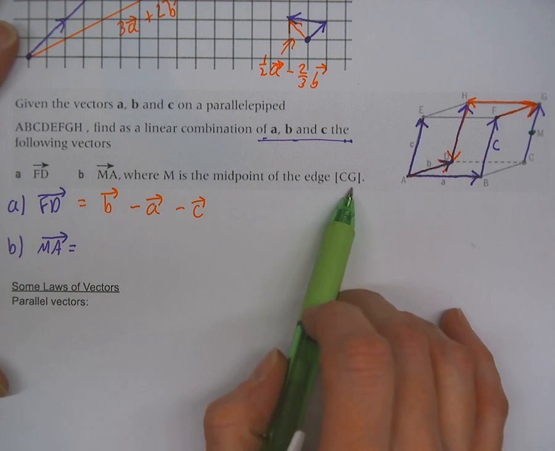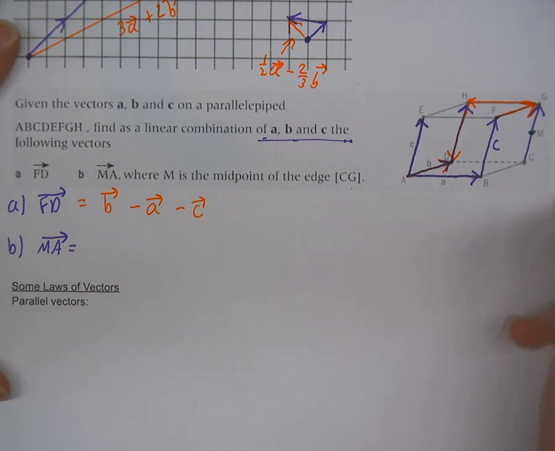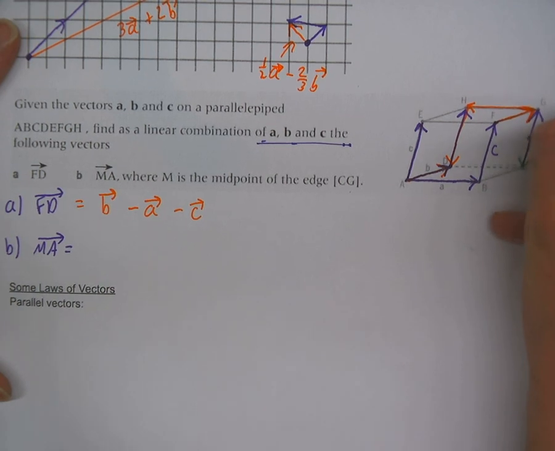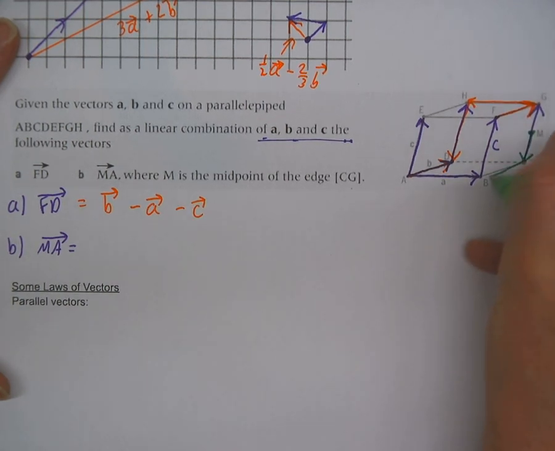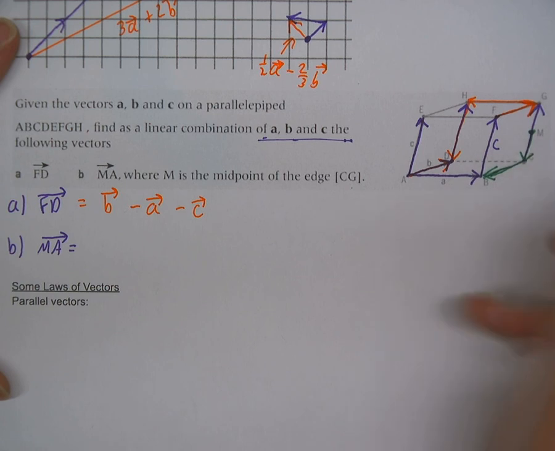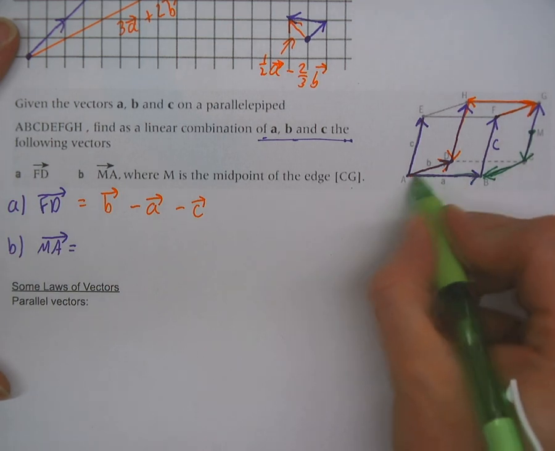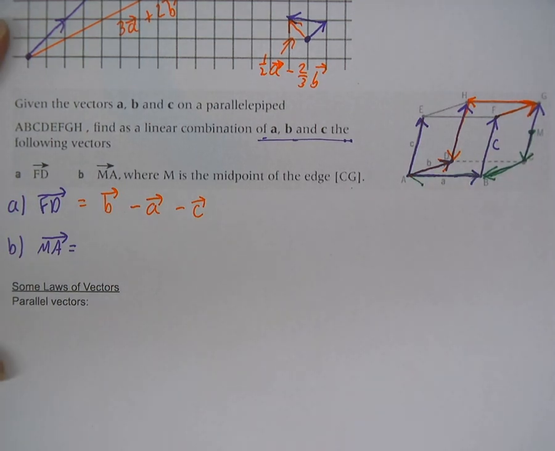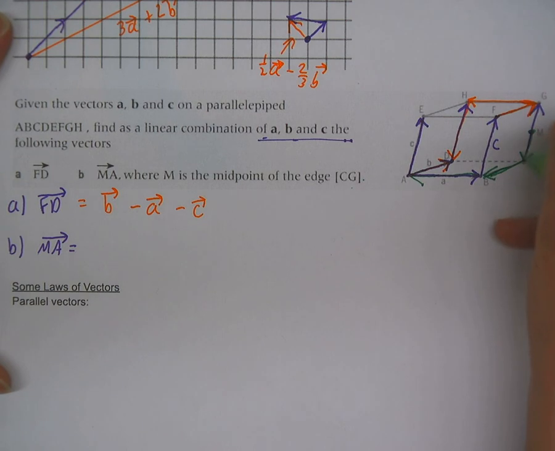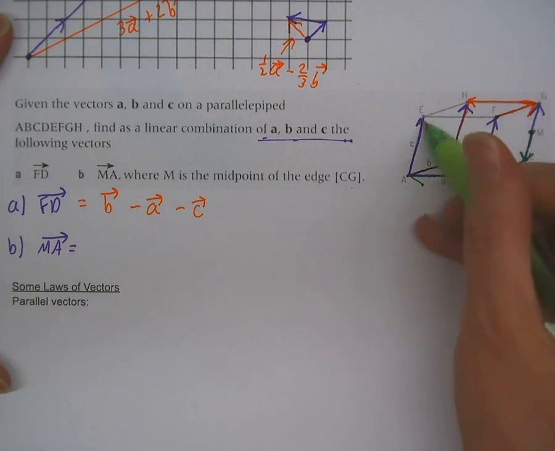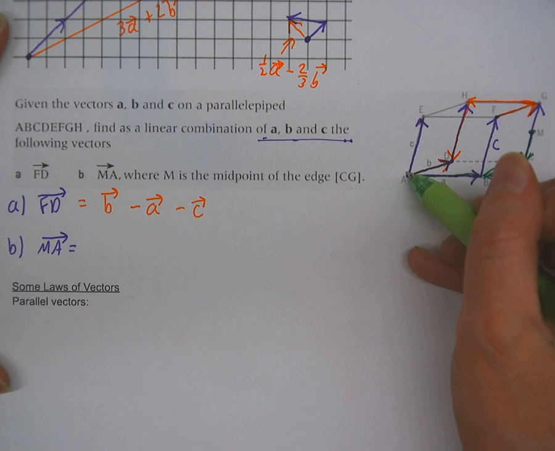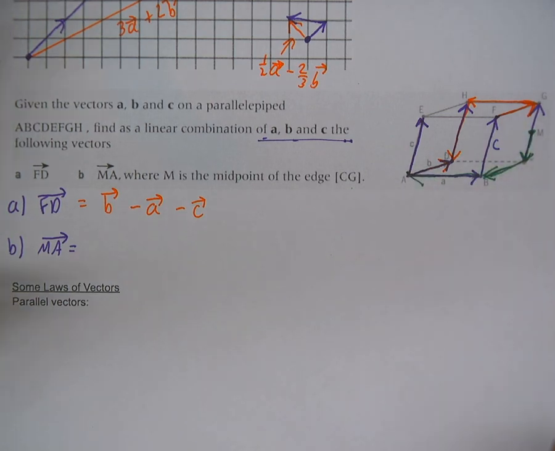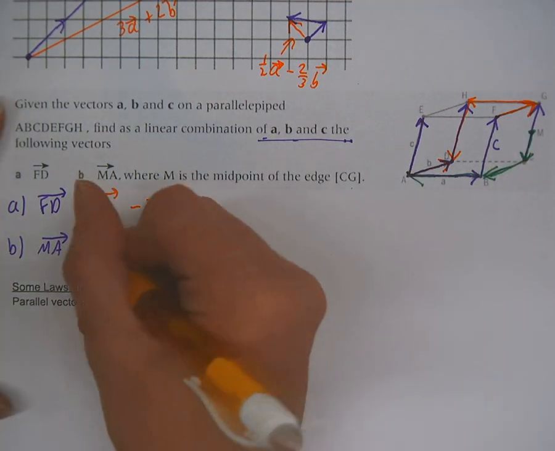So I basically know I'm going to use half of C. So I can go down this way and then forward toward B and then to the left toward A. That'll get me where I need to go. So this little portion right here is C, but it's backwards and it's only half. So I'm going to put negative 1/2 C.